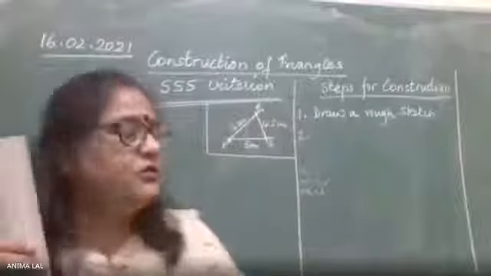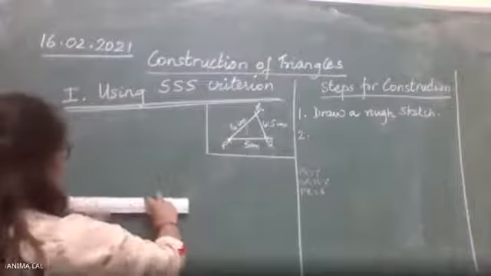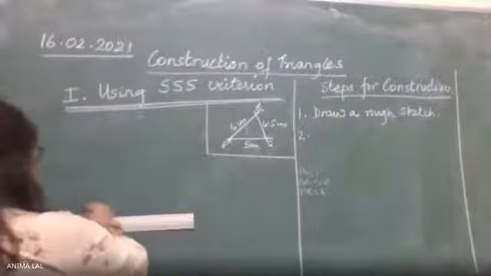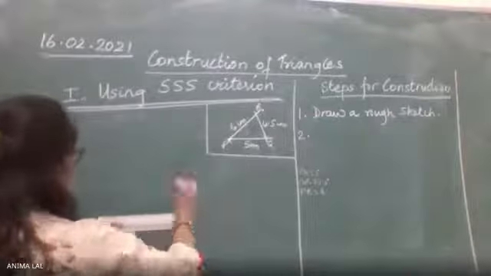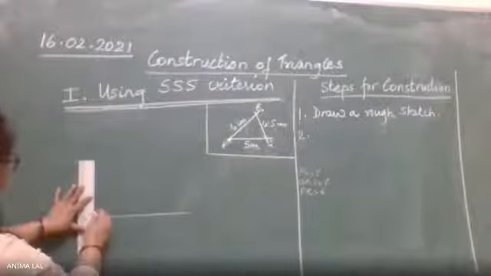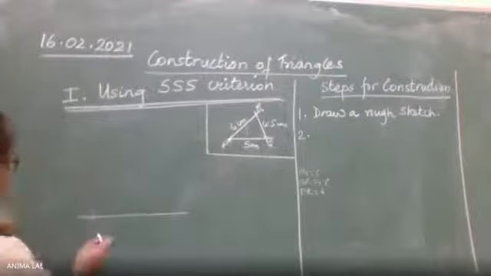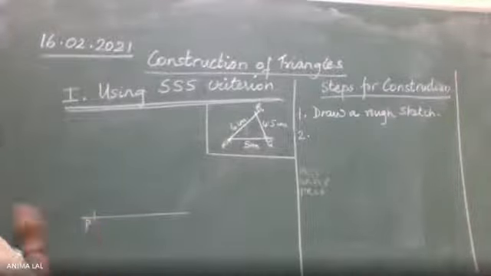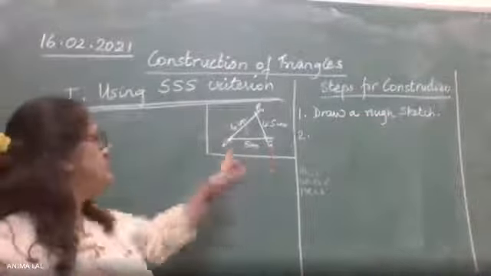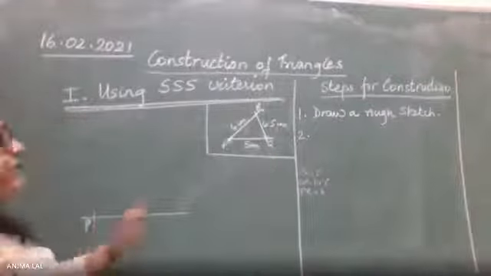Using your ruler, you will just draw a line of any measurement. Mark a point out here. This point will be P. Now I need to get Q, which is 5 centimeters away from P. Okay?